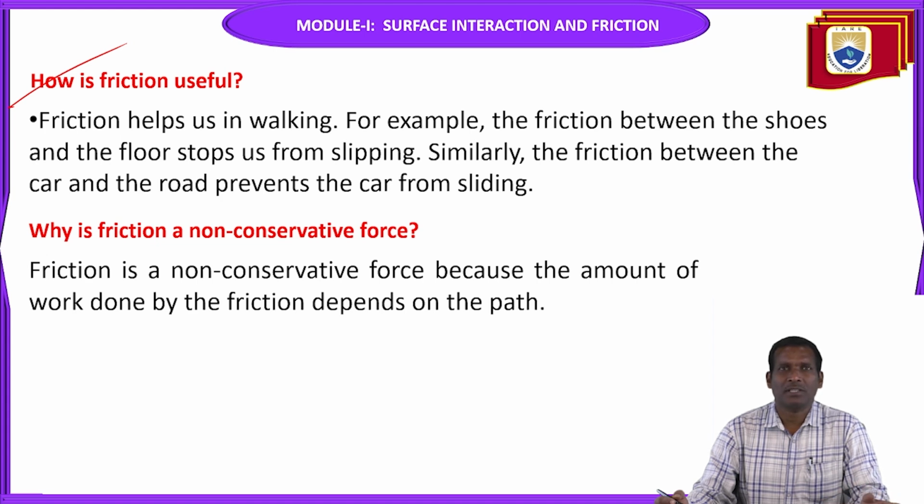If there is no friction, you can't move and you can't walk on the floor. That's why friction is required. Friction is useful to move a car on the road, and for walking on a road.